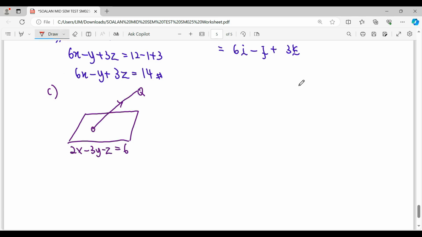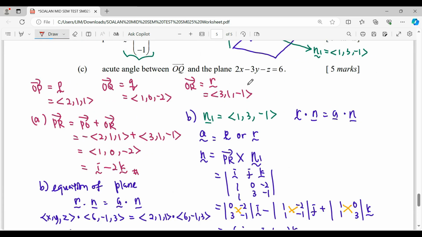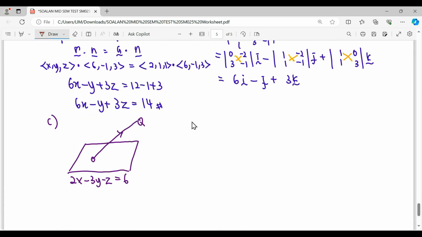To find the angle between this vector and the plane, we need the angle formula, where cos theta equals A dot B over magnitude A, magnitude B, where vector A will be the first vector in this direction and vector B will be the second vector in another direction. So here will be the angle enclosed by these two vectors.